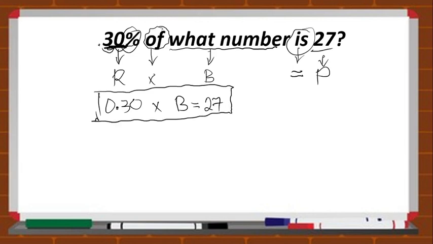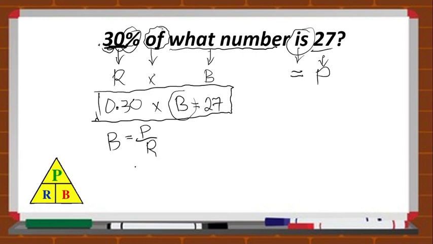So based from the given equation, B is the missing element. According to the Tekans triangle, or from the derived formula that we have, base is equal to percentage divided by the rate. So base is equal to the given value of percentage, 27, divided by 0.30.